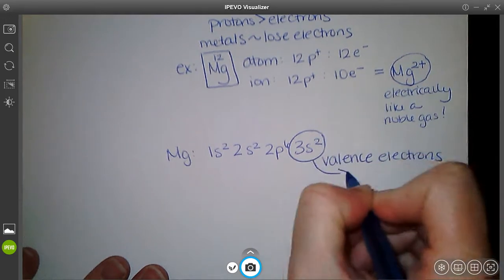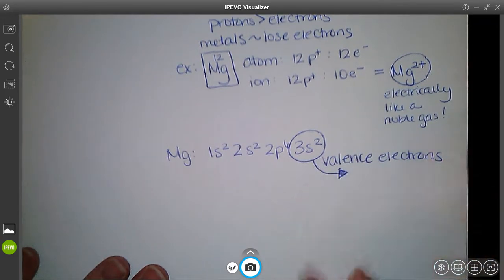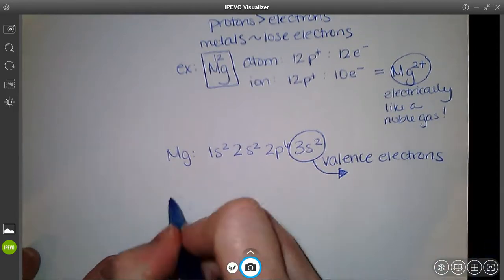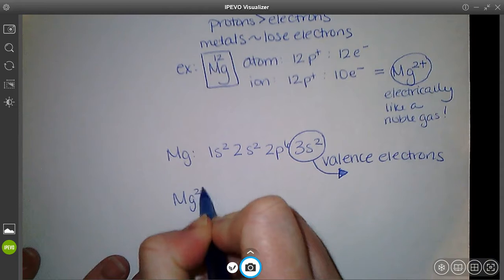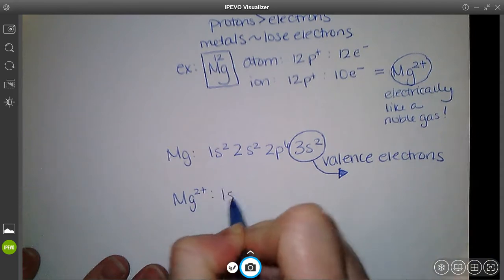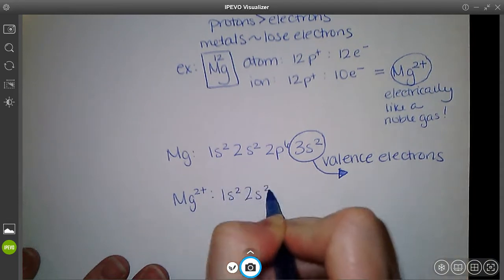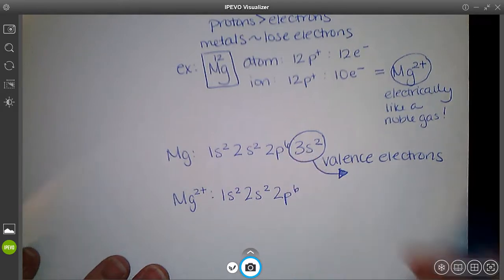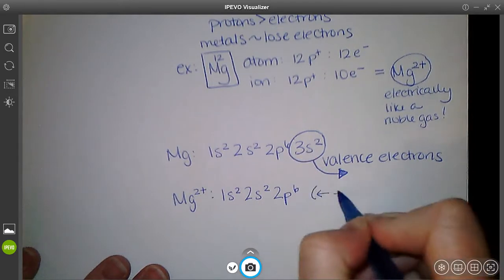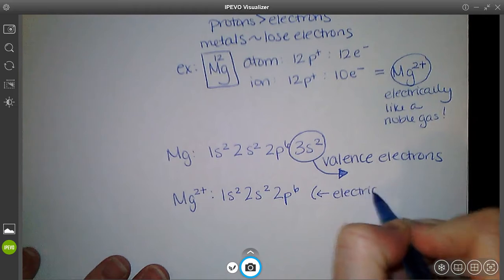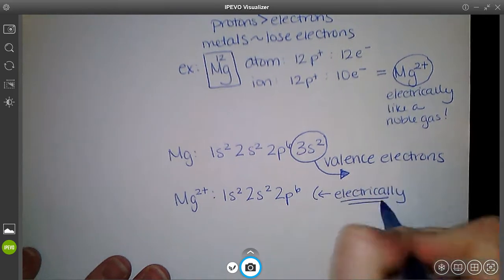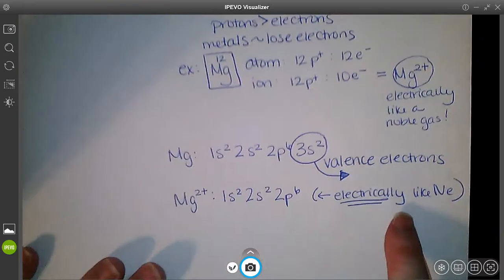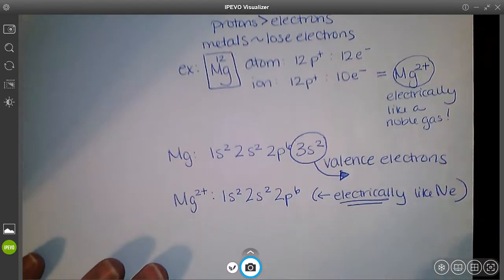When these go away, they're going to be picked up by something that attracts electrons, something more electronegative. Then it's going to become Mg2+, which is 1s2, 2s2, 2p6, no 3s2 now, which is electrically like neon. Now it's not actually an atom of neon because it still has 12 protons, but electrically it's like neon.